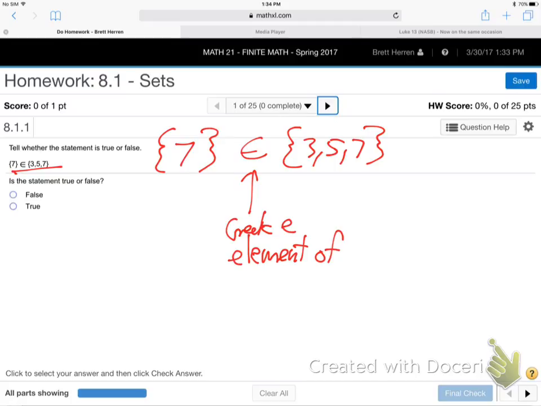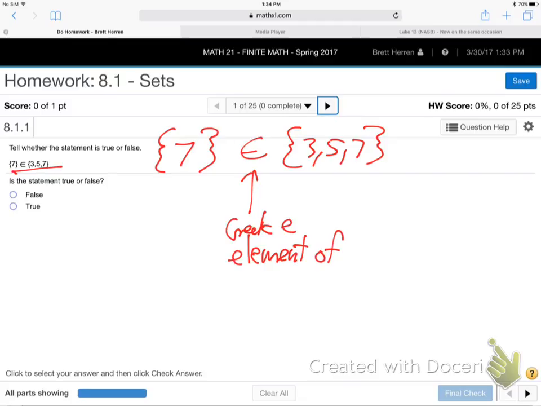Just think E, element. It's a Greek E, epsilon. In the Greek alphabet, alpha, beta, gamma, delta, epsilon. I'm not going to test you on Greek. Just think element. That's what it's saying. It's saying, hey, is 7 an element of 3, 5, 7?